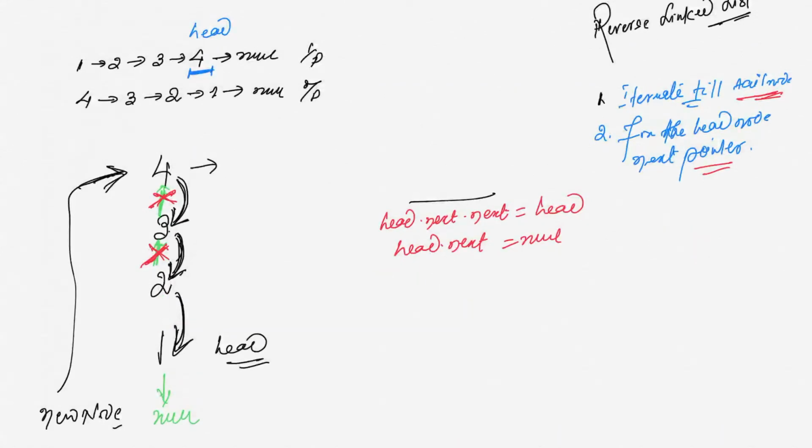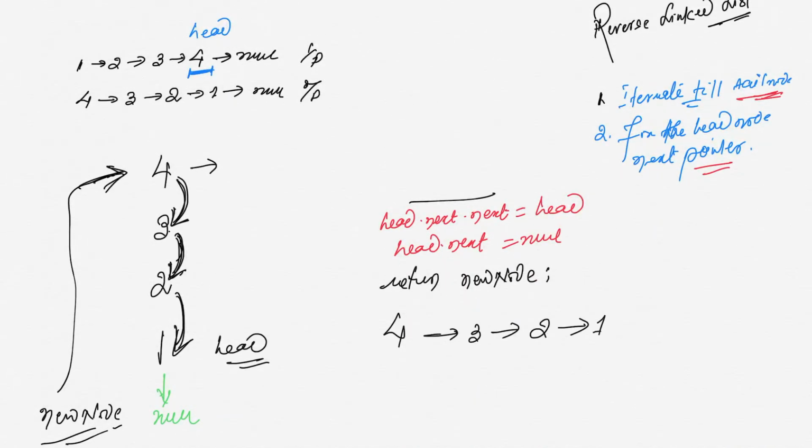If you remove these next pointers which become null, this is how your linked list looks, and we return this new reversed node. It looks like 4, 3, 2, 1 and null.